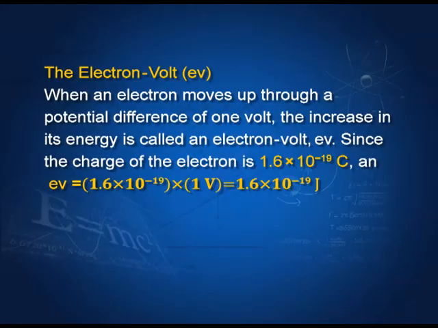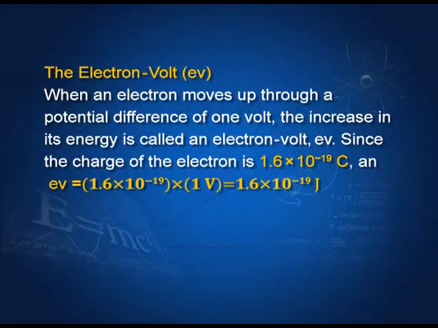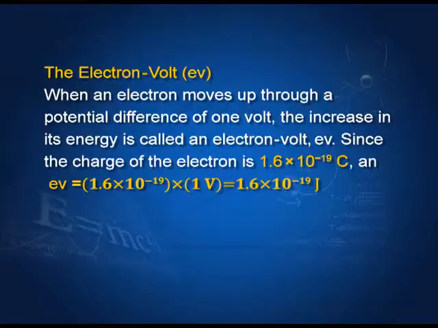Electron volt is an important quantity, and we use it very often in electric field and atomic physics. And what is this electron volt? Electron volt is the increase in the energy of an electron when it moves up through a potential difference of 1 volt. The electron moves in the opposite direction to the electric field.